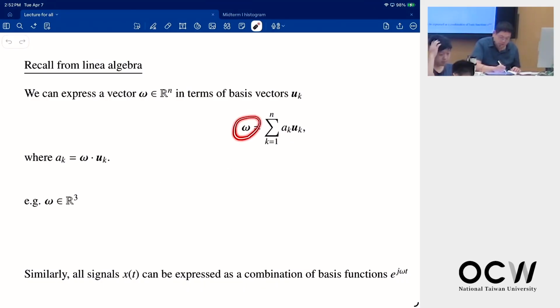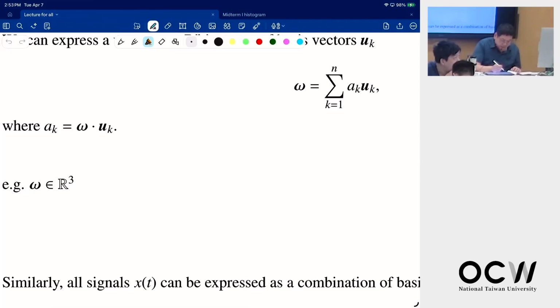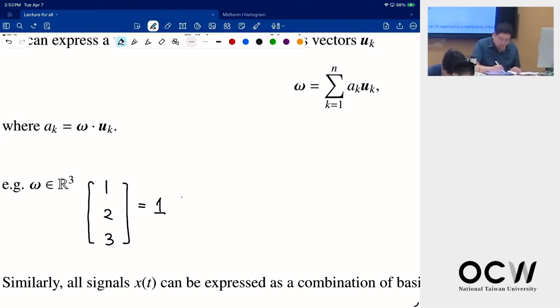Again, your vector in the product with your bases, because the bases are orthogonal. So if I have 1, 2, 3, suppose omega is in 3D, then 1 is the coefficient times the basis here in 3D. So the basis is 1, 0, 0.